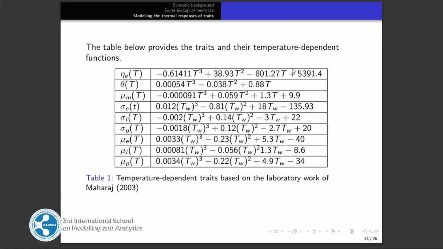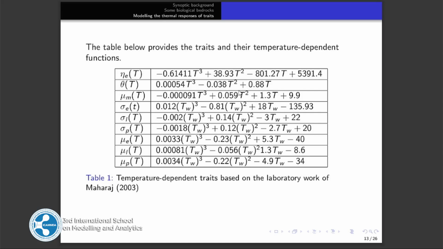So what we have here is the temperature dependent function that corresponds to each of the traits. On the first column is the temperature dependent traits, and on the second column is their corresponding temperature dependent function. Please, are we together?